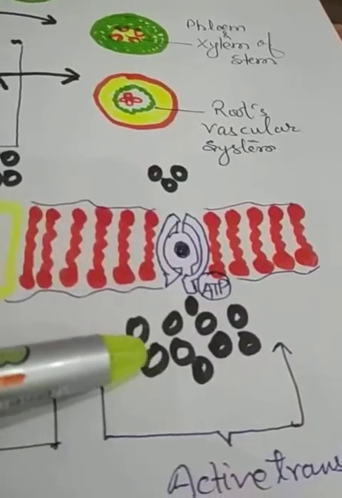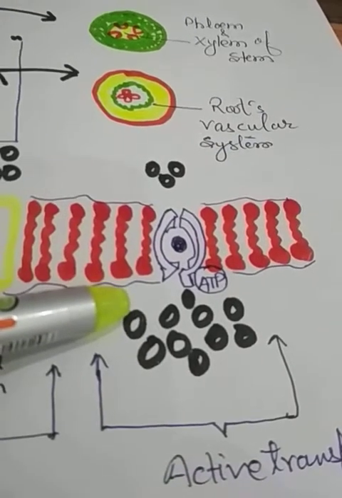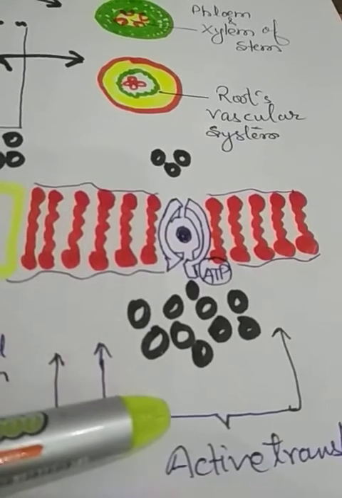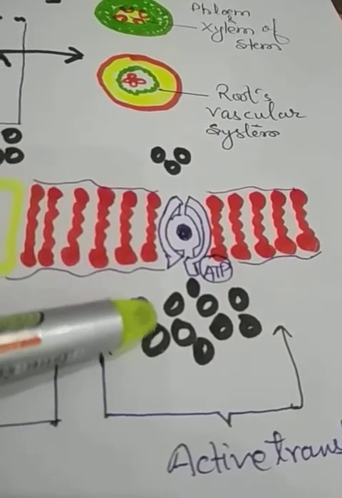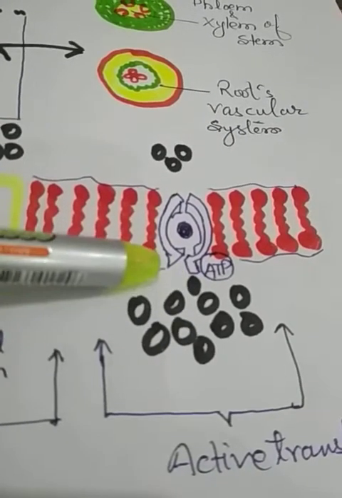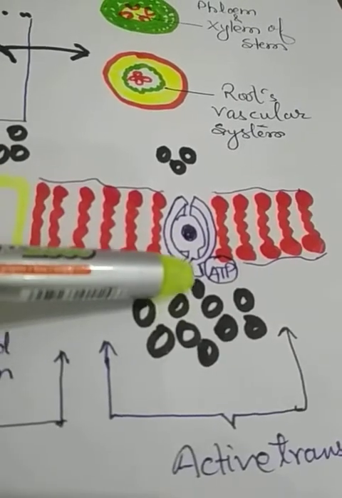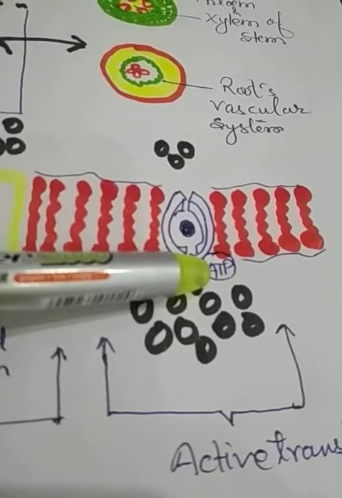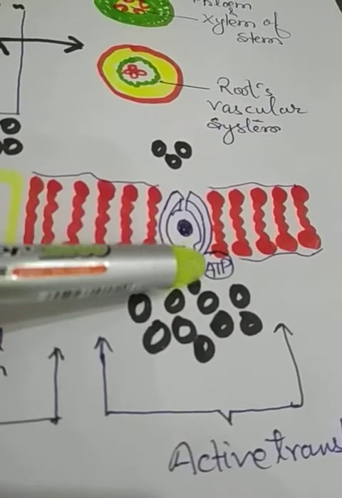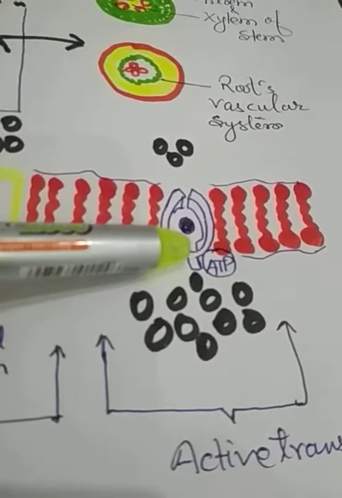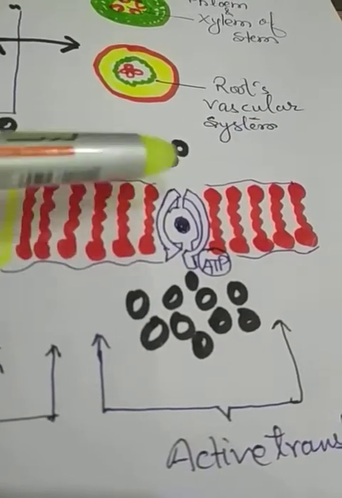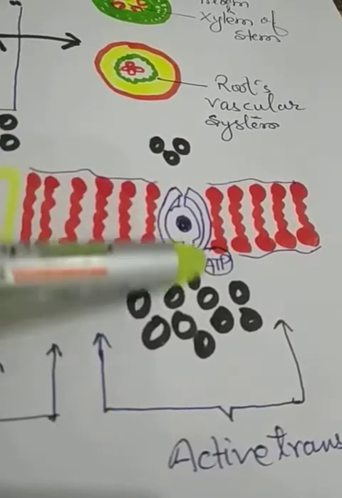But in case of different temperature and humidity, there may be active transport. Active transport means absorption of essential minerals and water takes place with the help of ATP. ATP means energy, and each molecule gets transported with the help of energy.